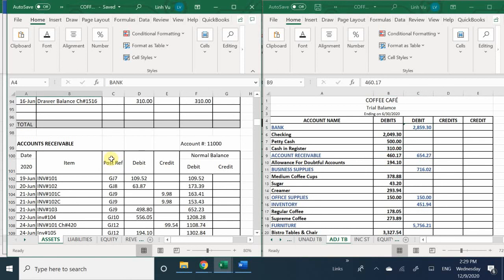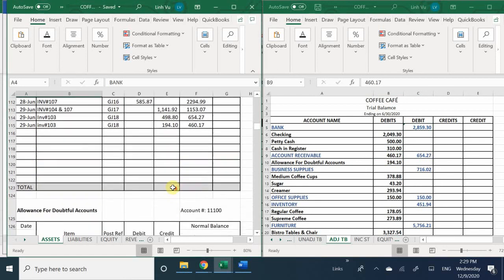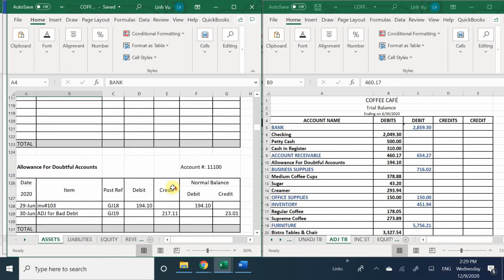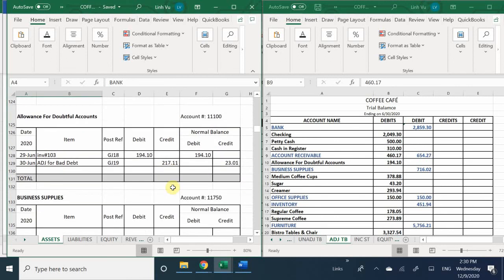Okay. Next section here is accounts receivable. So accounts receivable, has that amount changed? No, it's still 467. But what about the allowance for doubtful accounts? Yeah, that has changed. It's become a credit. So the allowance for doubtful accounts, we no longer have a positive number. It is a credit, which is for how much?